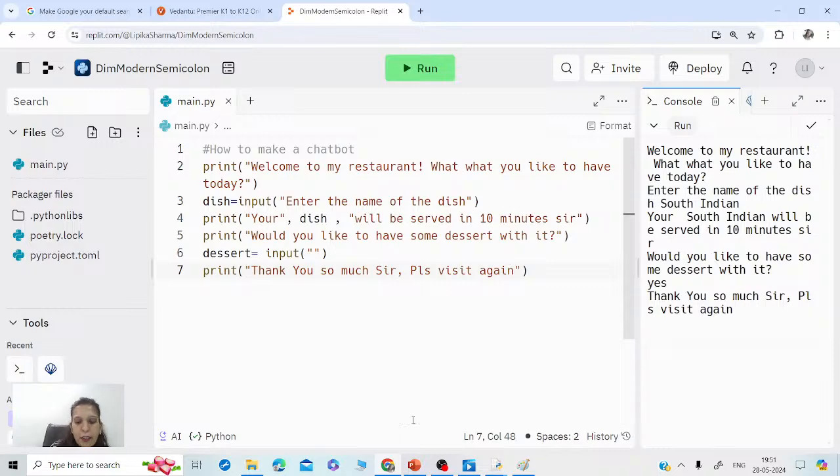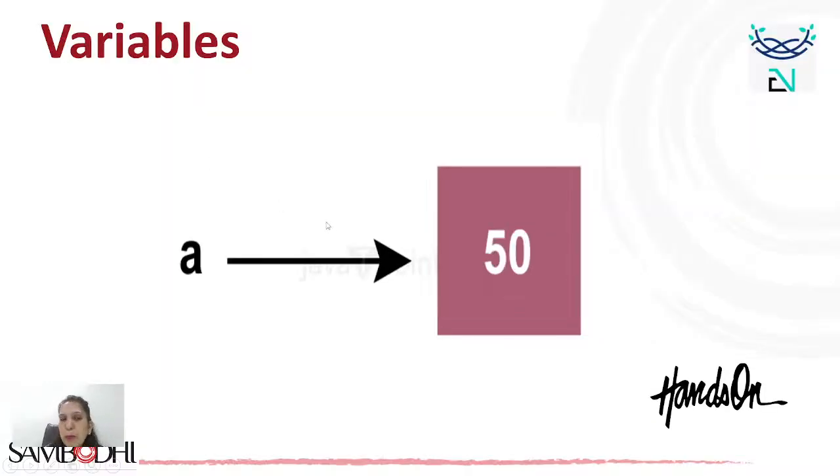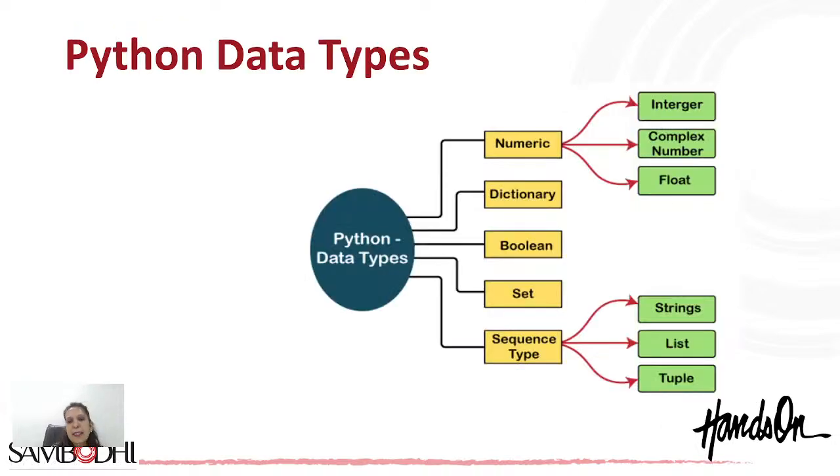Okay. All right. So I think you've understood the concept of basically a variable, input, output, and so on, right? Now, the next thing which I would like to talk about is the data types. Okay. So there are various data types which we talk about. It is like numeric, which is like number.